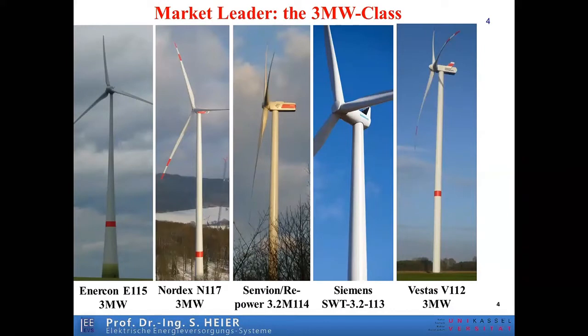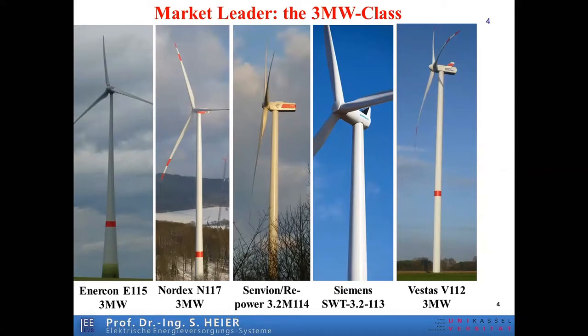But the next step was going back, let us say like this market leader, to the 5 megawatt class, but with wind turbines of much higher diameter. And now we come more and more to 4.5 megawatt turbines with up to about 170 meter diameter. The background is that we have a capacity factor of about double. It means we come from about 0.15 to 0.20 to about 30, 40%.